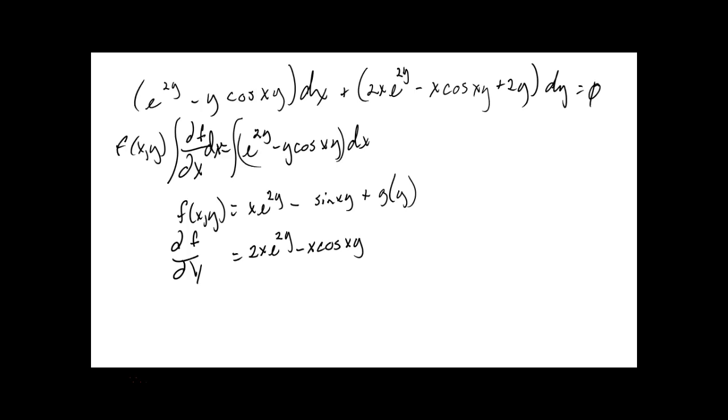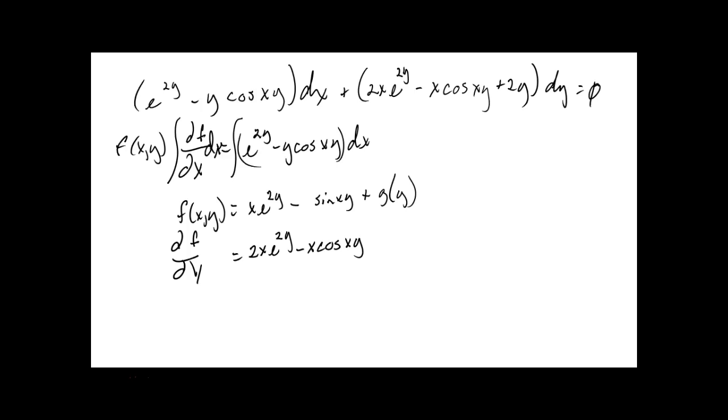Okay. So this has to be the partial of f with respect to x. Okay, this thing right here. So write it down. And then the trick is multiply both sides by dx. Integrate this and you get f of xy. Integrate this with respect to x, holding y as a constant, that's what we get.